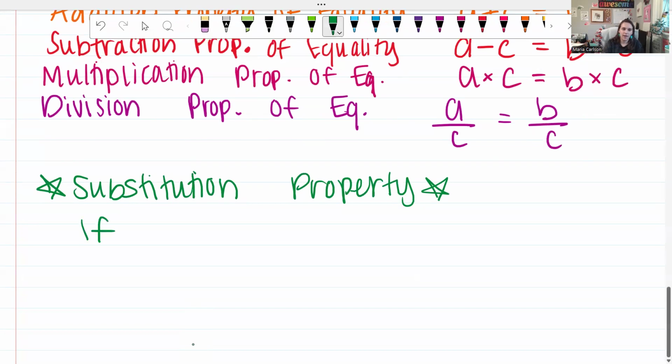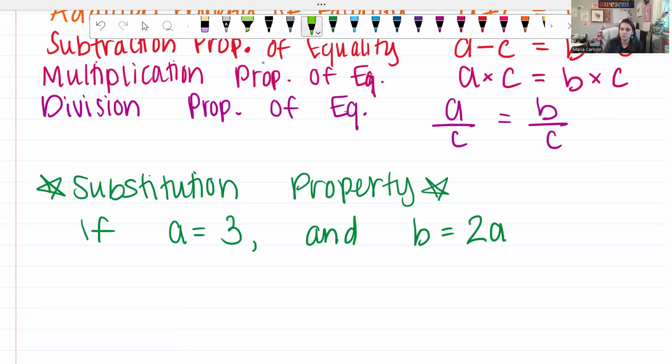If we know A is equal to 3 and B is equal to 2 times A, or 2A, we can simply substitute the value of A in for A. I'm going to substitute in 3 for A, so I have 2 times 3 now instead of 2 times A, and that is also equal to B. So B is equal to 2 times A. Since A is also 3, B is equal to 2 times 3.